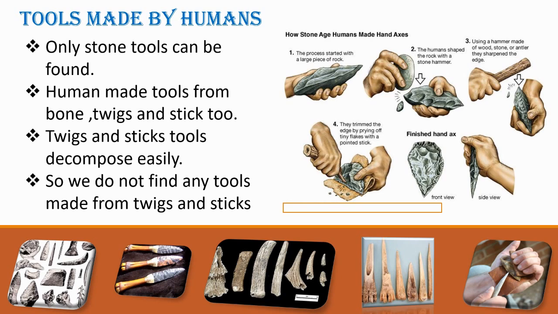Humans found that twigs and sticks decompose easily, so we didn't find any tools made from twigs and sticks, and also they were soft and tender and broke easily. So Stone Age men found that stone tools cannot be broken easily or decompose easily. So they tried to make stone tools.